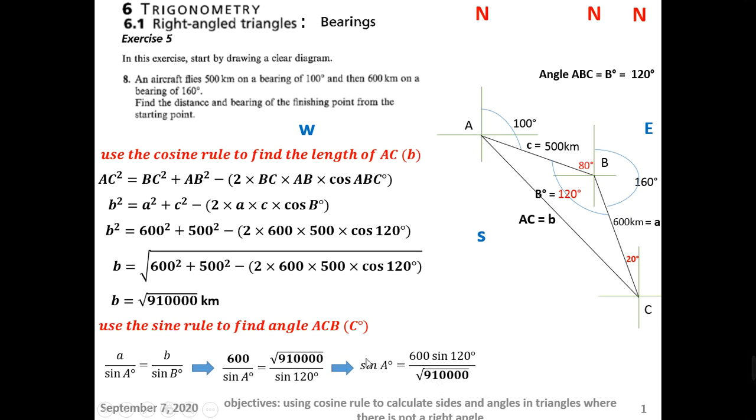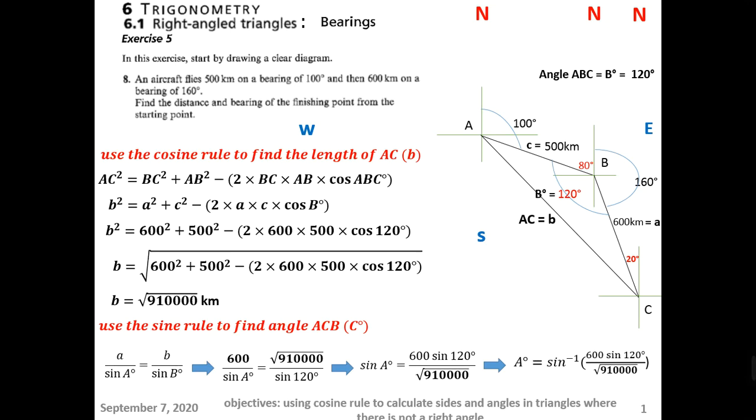But this is the value of sine A. And if I'm trying to find the angle A, then I need to apply the opposite operation. Opposite to sine is sine inverse. So we're going to sine inverse each side. So angle A is equal to sine inverse of 600 times sine 120 over the square root of 910,000.